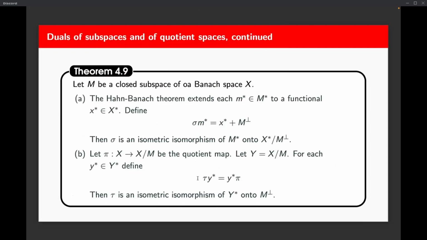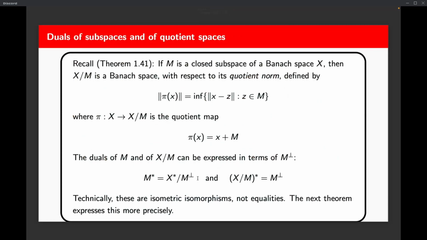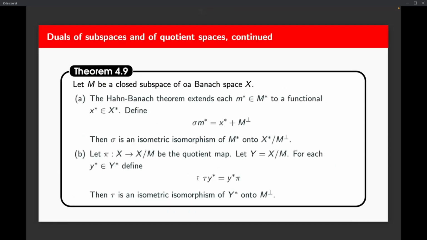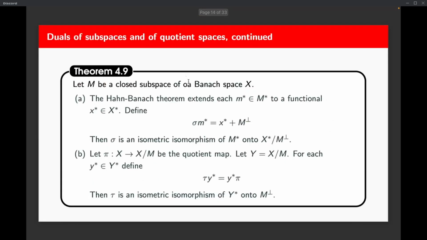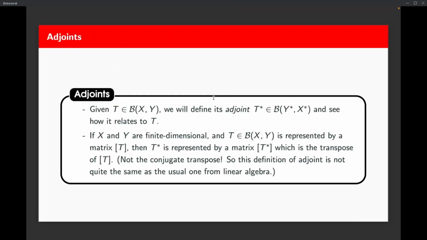So I prefer to just remember that there is an isometric isomorphism between these pairs of spaces, and not worry about how to write it down, because you don't usually need to write it down except when you're proving that it exists, at least as far as I can tell so far. Typo, that should have been of A. I'll try to fix that before I send the slides.